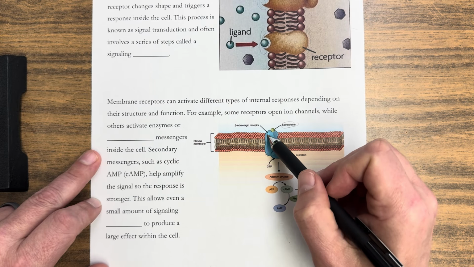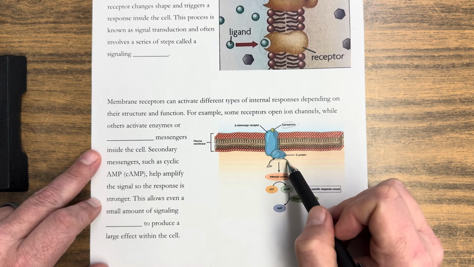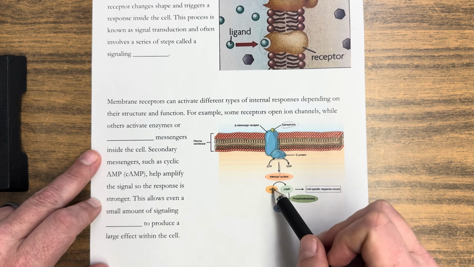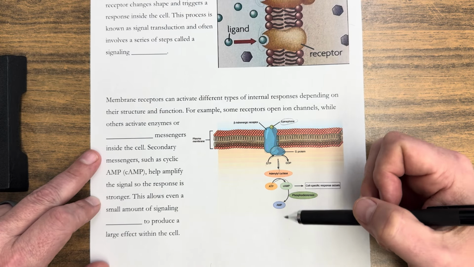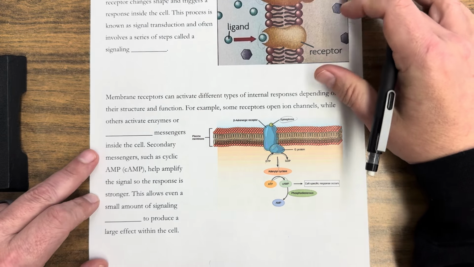Once that happens, a change to this protein causes a change to this protein, which allows this process to happen. When that happens, this happens. When that happens, this happens. That's the cascade that we were talking about, where one thing after another happens to eventually send the message or signal that you need.